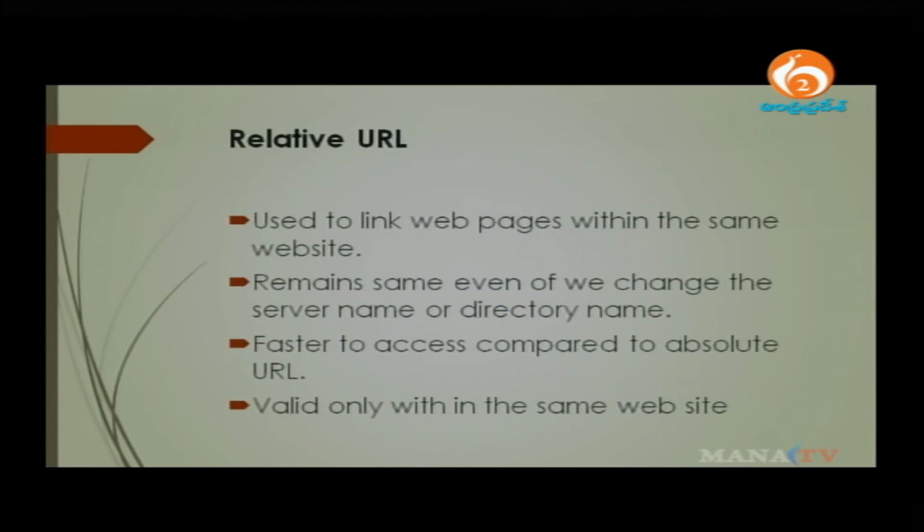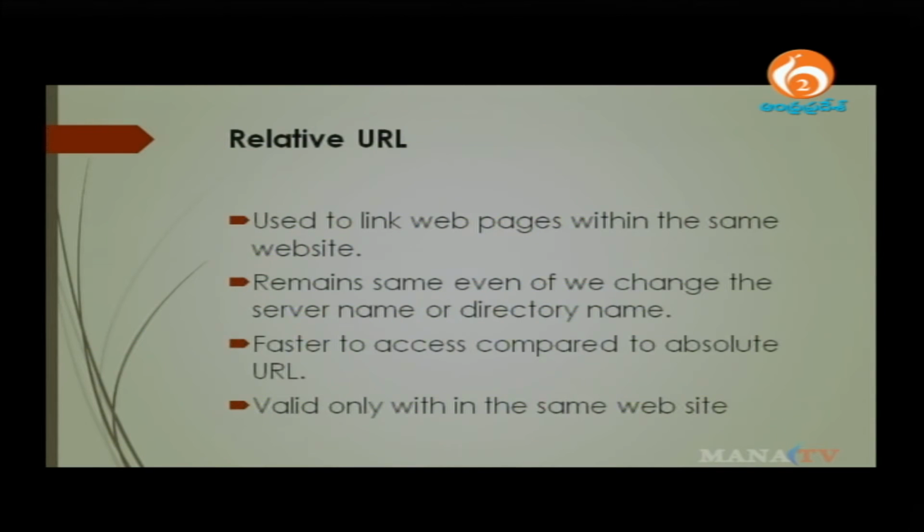And relative URL. Why is this relative URL used? It is used to link the web pages within the same website. It remains the same even if we change the server name or directory name, and it is faster to access compared to the absolute URL. It is valid only within the same website or the same directory.